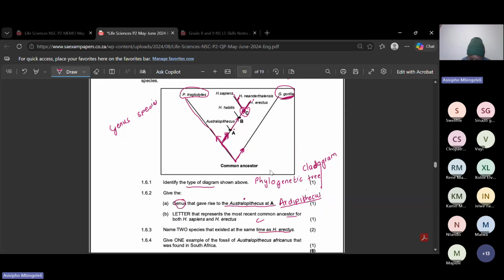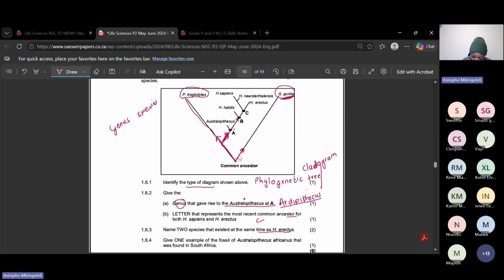Where is Homo erectus? I need to see my lines, so I'm going to erase. Here, you would need to use your evolution content if you still remember the years, but you can also use your phylogenetic tree.